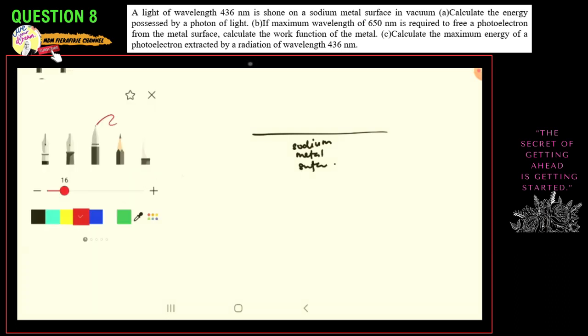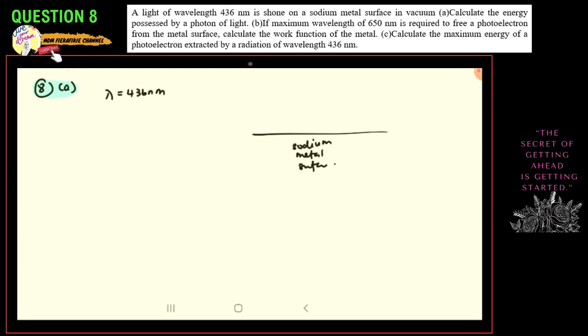Okay, so given the wavelength of the light, we want to calculate the energy of the photon, E, which is equal to hc over lambda. So this is very simple. Just substitute the values.